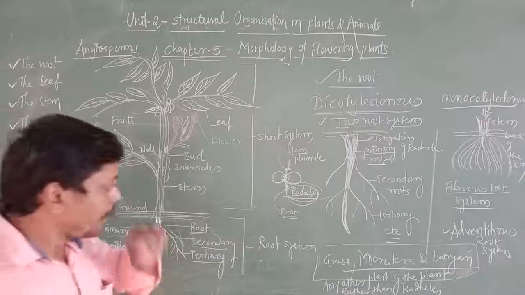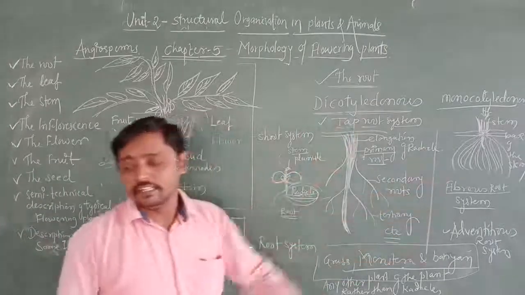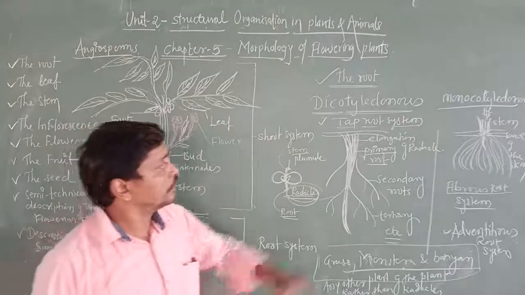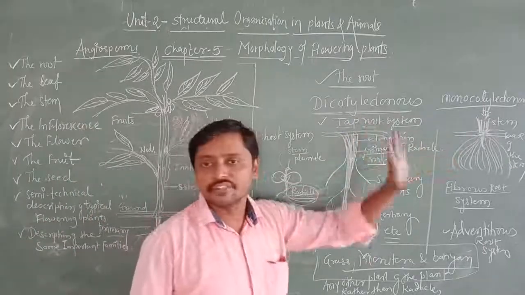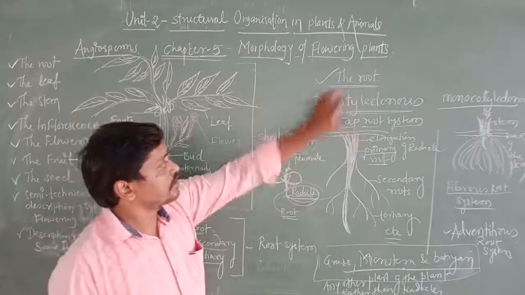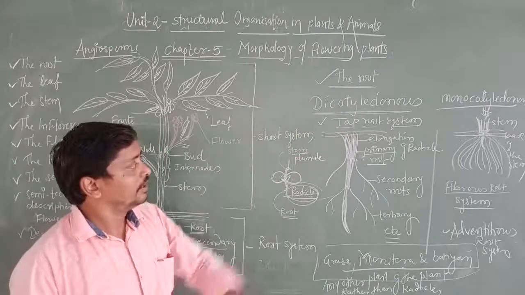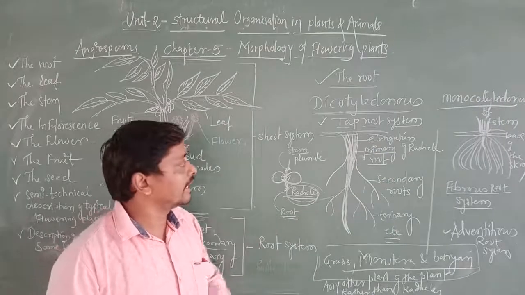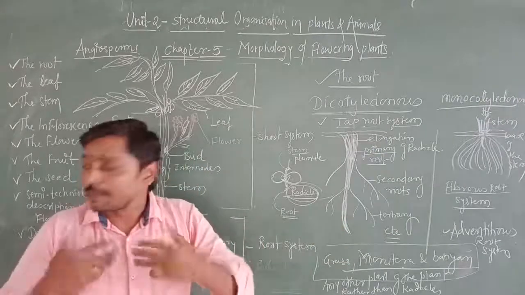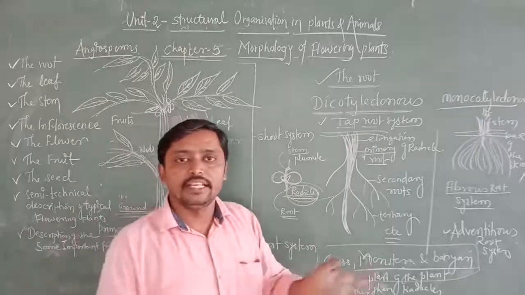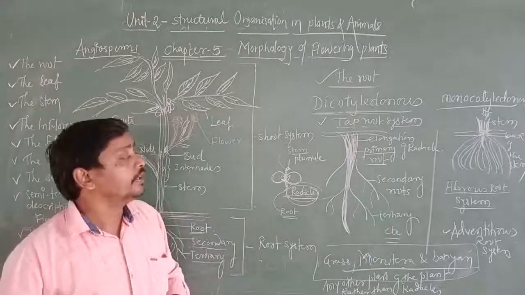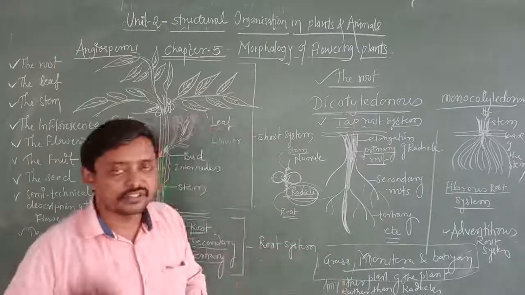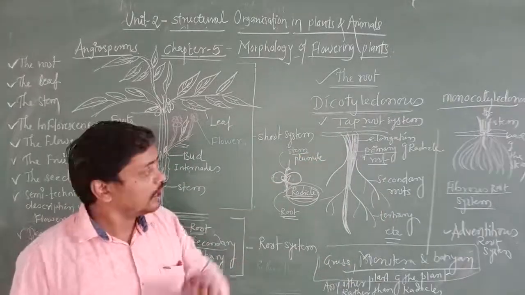Understood? So these are the three types of root system we are going to study, and they are mentioned in your NCERT book. One is the taproot system, another is the fibrous root system. The taproot system is found in dicotyledonous plants. Here the radical elongates to form the primary root, which then gives branches: secondary, tertiary, etc. The primary root with its lateral branches constitutes the taproot system.